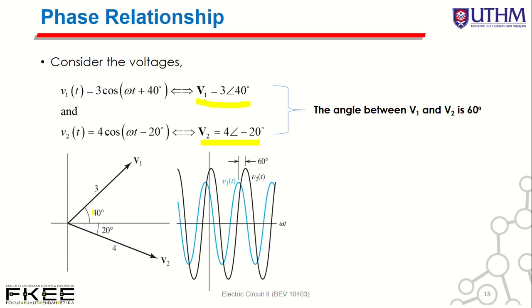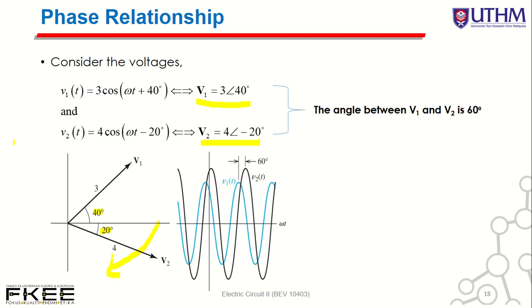Let's say V2, 4 angle minus 20 degree. This is an angle minus 20 degree. Clockwise is negative degree. Anti-clockwise, positive degree. Kalau ada yang lupa.